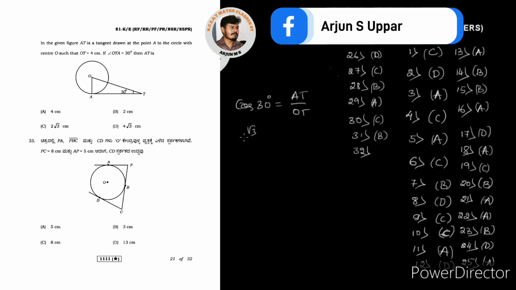Cos 30 degree is equal to root 3 by 2, which is equal to AT, which we have to find out, divided by OT, which is 4 centimeter. 2 ones are 2, 2 twos are 4, transpose 2 to LHS, we get 2 root 3 centimeter is equal to AT. So option C is the right answer. 2 root 3 is the answer. Option C is the correct answer. So let's move to the 33rd question.